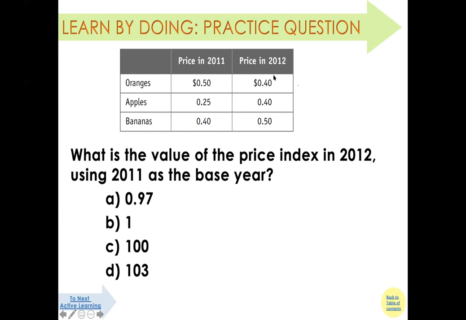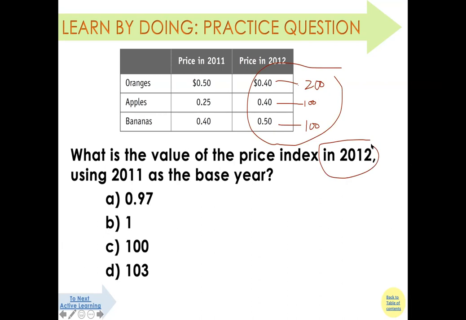That just means we use 200 times this one, 100 times this number, and another 100 times this number. Then we are going to get the cost of the basket in 2012.